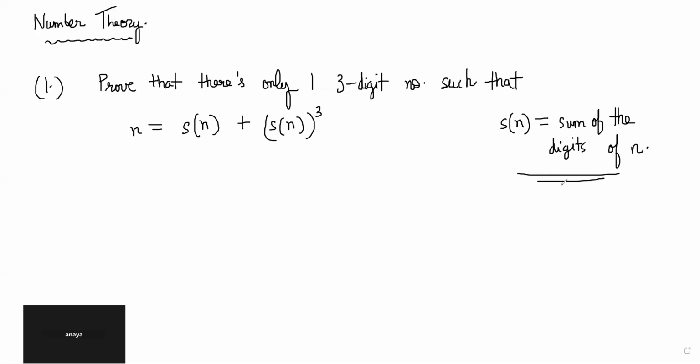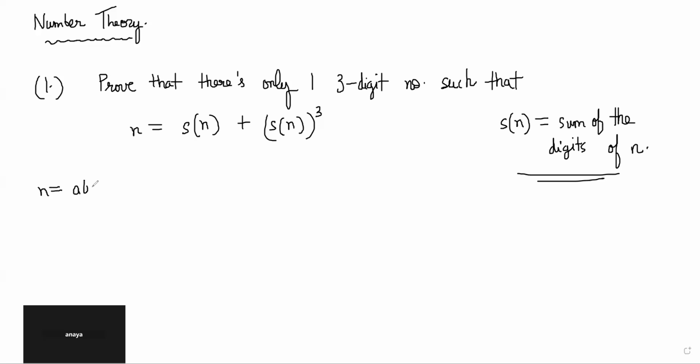Okay, so did you try this one? Yeah. I did some of it, but I need help. Okay, so what have you done so far? So I wrote that n is equal to 100a plus 10b plus c.